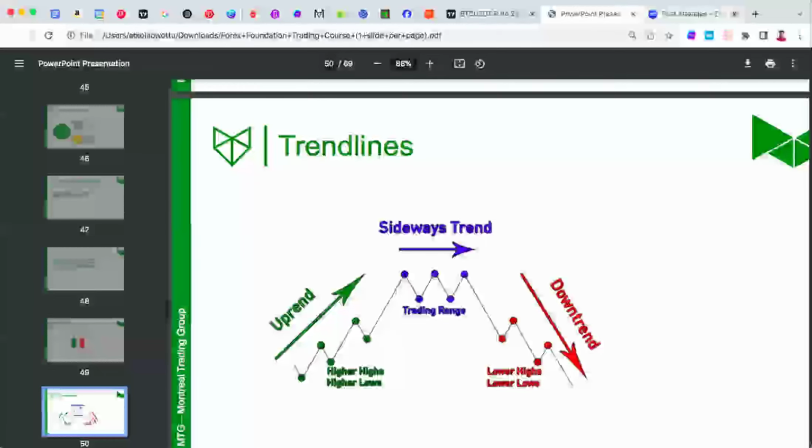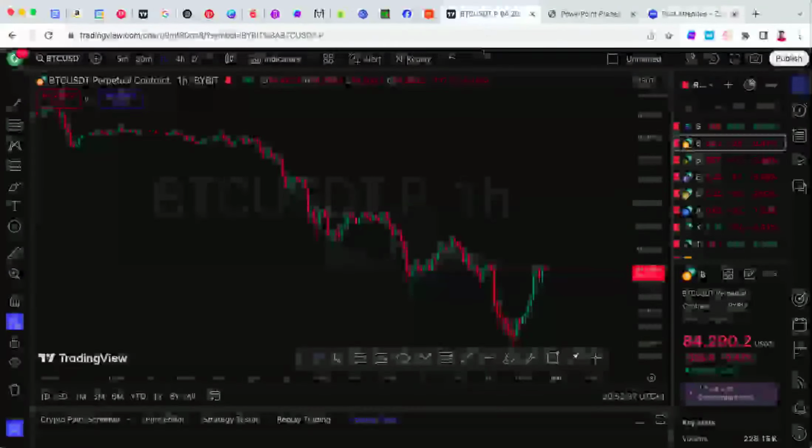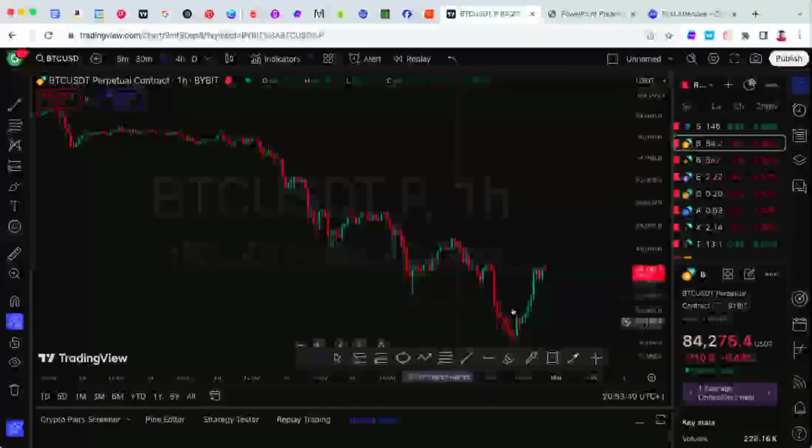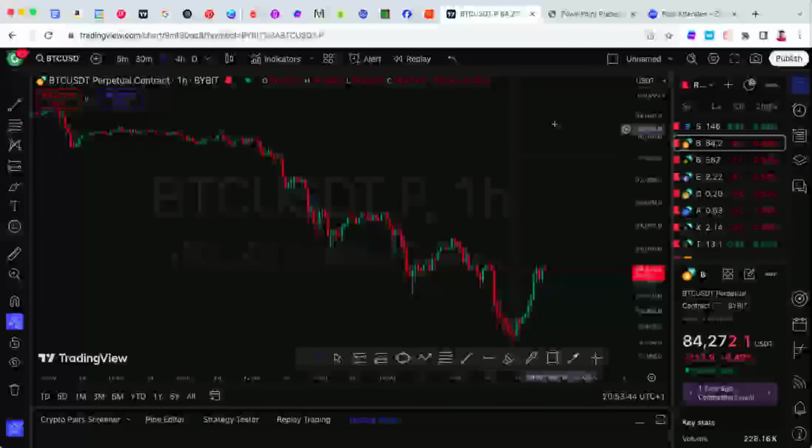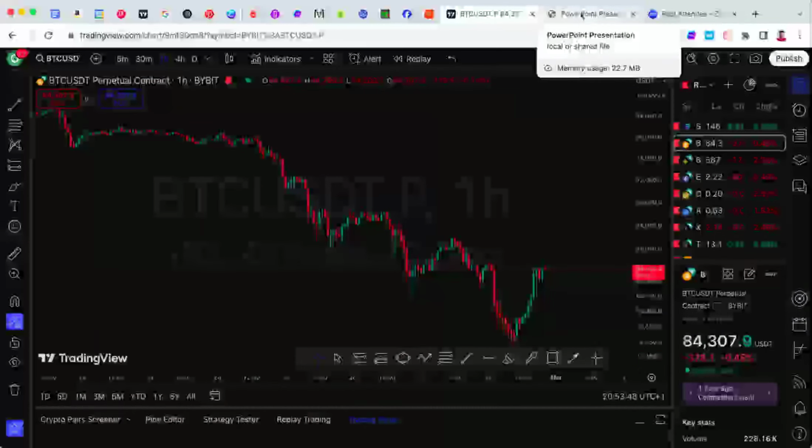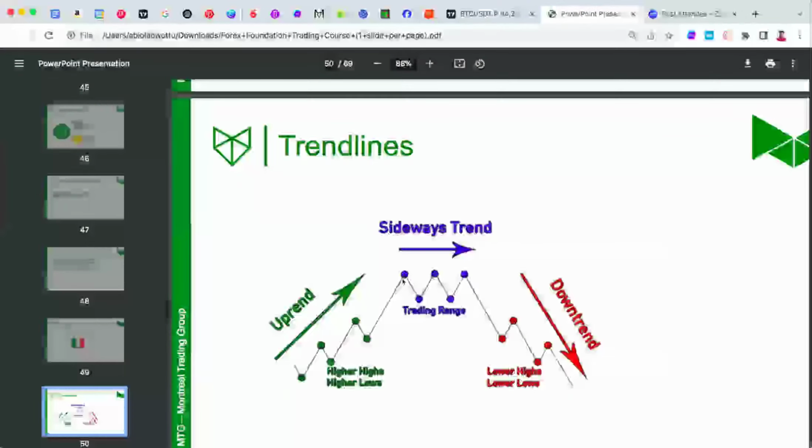Here we can see TradingView, the tool that we use to analyze, which we did a walkthrough of the other time. We spoke about trend lines. I just made mention of it, and I said we are going to talk about it in our next Zoom meeting, and so here today we can see.